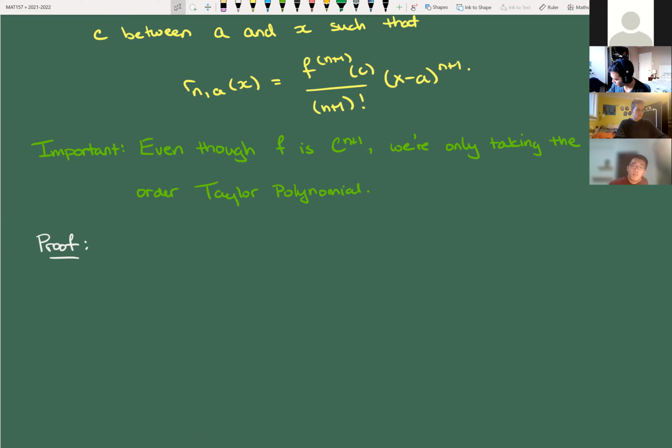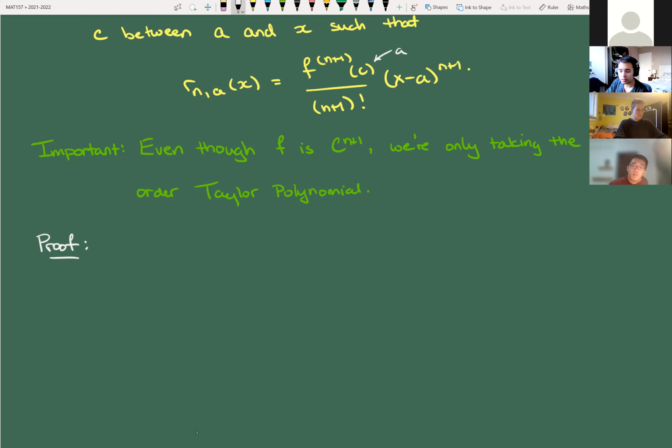If that term was an a, this would actually be the next term in the Taylor polynomial. But it's not, because it has that c there. So this is a very cool theorem if you think about it. It says that it has the same shape and the same form as the general terms of the Taylor polynomial, at the cost of us having to make this approximation.